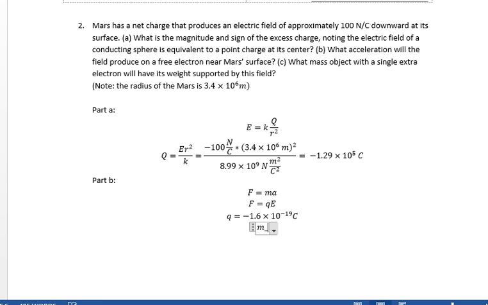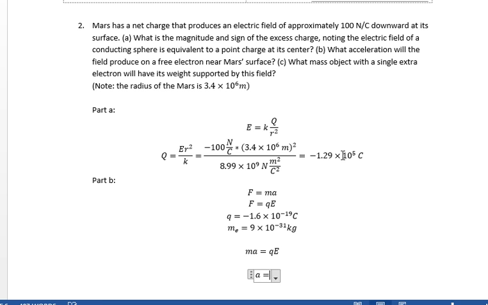The mass of the electron is 9 times 10 to the minus 31 kilograms. We're after the acceleration. Mass times acceleration equals Q times E because the force accelerating it is the force of the electric field.